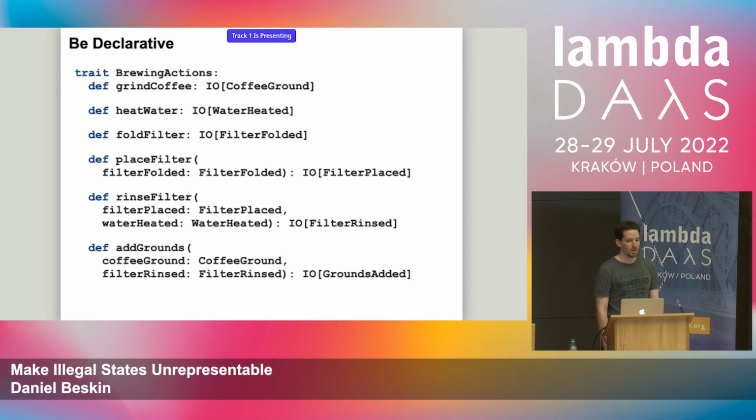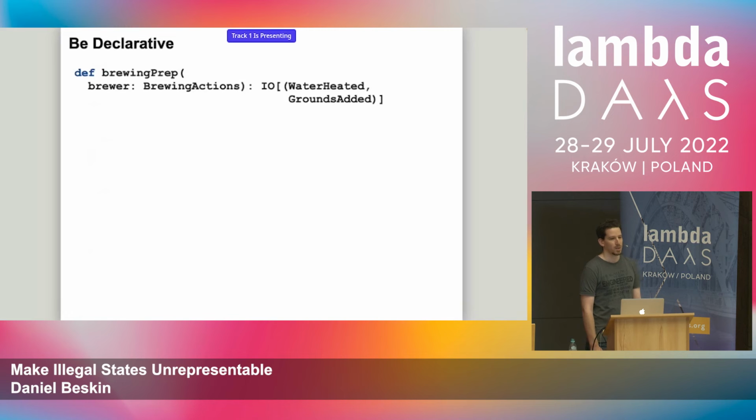And the same thing for grounds: if you want to add them, they must be actually ground, and the filter must be rinsed to prevent the bug from before. Basically, what we're doing here is encoding business rules directly in our signatures. And once we do that, in turn, it means that code that violates those rules won't even compile. It becomes literally unrepresentable.